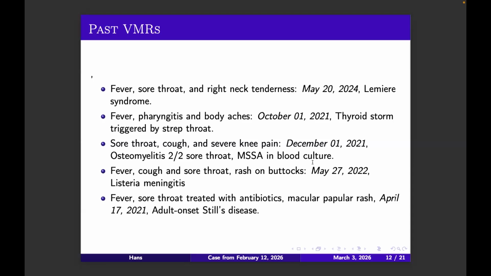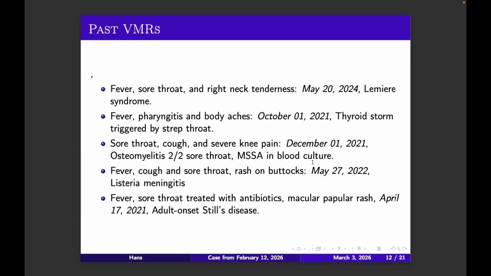I never knew that this can happen, and I think it was Tiago Mendes, our endocrinologist, discussing the case. Then we have a sore throat in a 10-year-old boy, and he developed painful knees, and that was an osteomyelitis proven with blood culture.